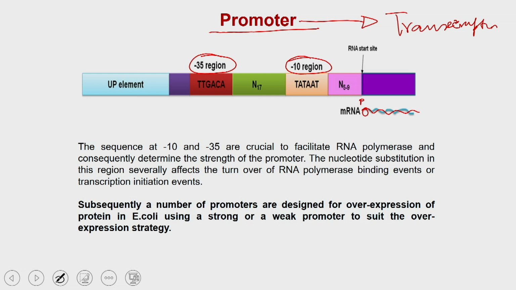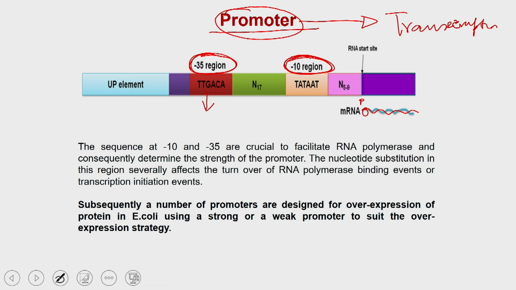All these promoters are upstream to the start site, and the -35 region as well as the -10 region contain different types of nucleotide sequences, and the presence of these different nucleotide sequences or cassettes decides the strength of the promoter, because if the -35 region as well as the -10 region is very strong in terms of facilitating the binding of transcription factor as well as RNA polymerase, then this promoter is going to be very strong.